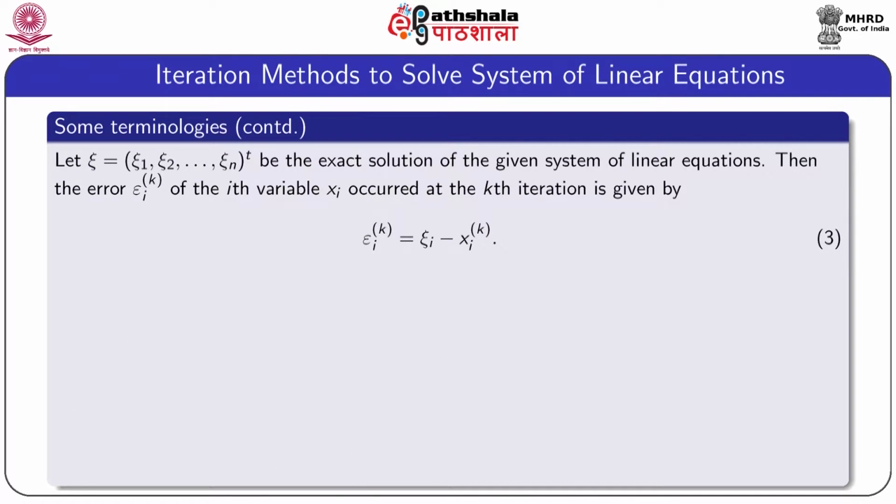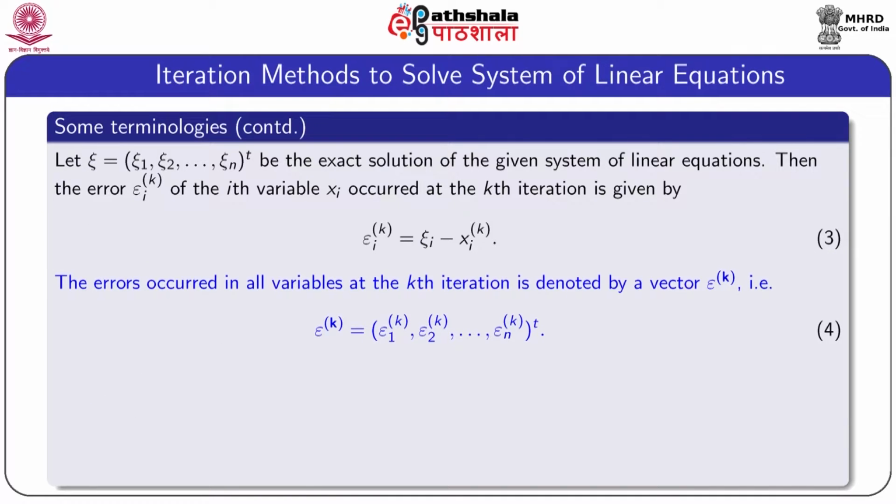Now, let x be the solution vector or the exact solution of the given system of linear equations. Then the error epsilon_i^k, that means the error occurred at the kth iteration for the variable xi, is defined by epsilon_i^k equal to xi minus xi^k, where xi is the exact value of the variable xi and xi^k is the kth approximate value of the variable xi.